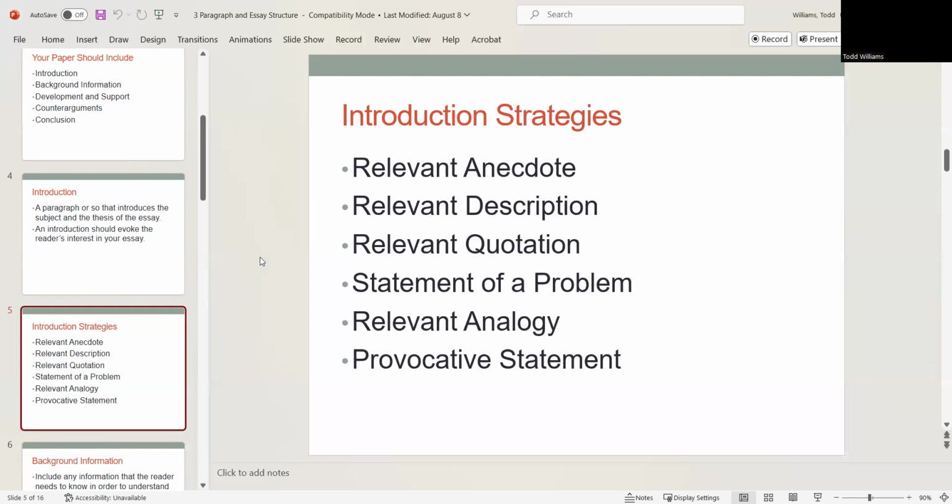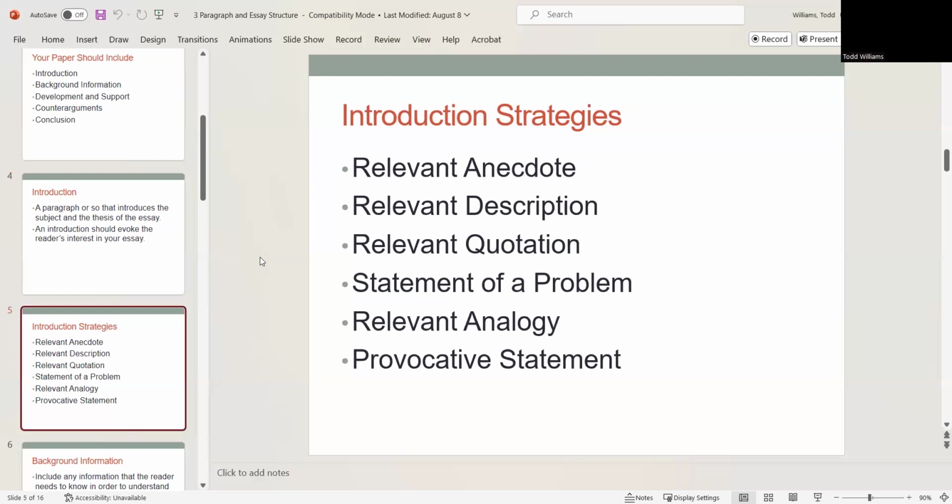One is using a relevant anecdote, so telling a story, right? That sets up what the essay is about. Human beings like stories, like we like to read stories, we like narratives. So that can be a really good way to pull your reader in, right?